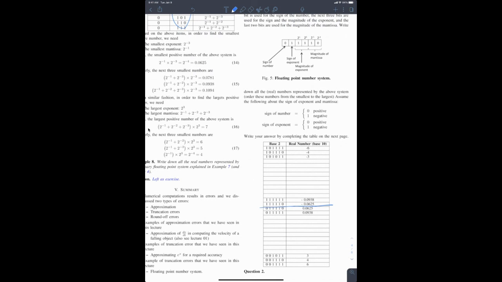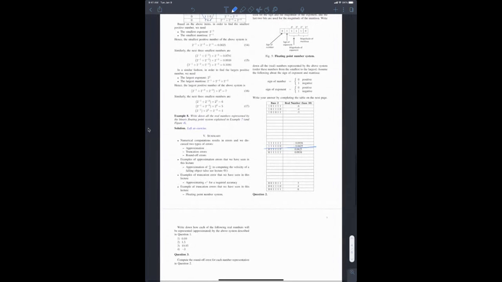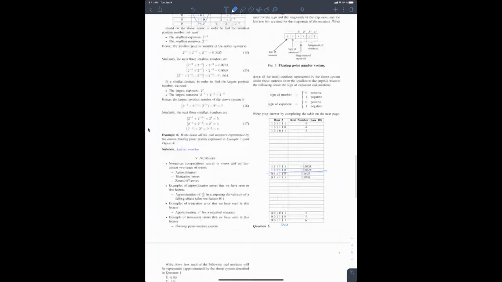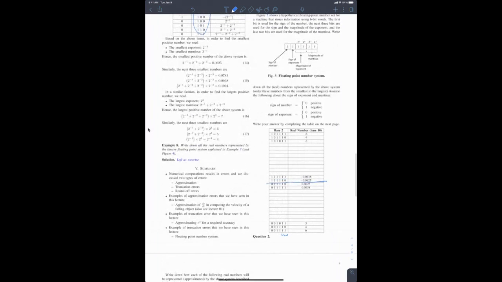If it is positive, that will be 0.0625, negative 0.093. The structure of the number is: the first two bits are the mantissa, and then the exponent. So you write all the values for the mantissa, and then all the values for the exponent.